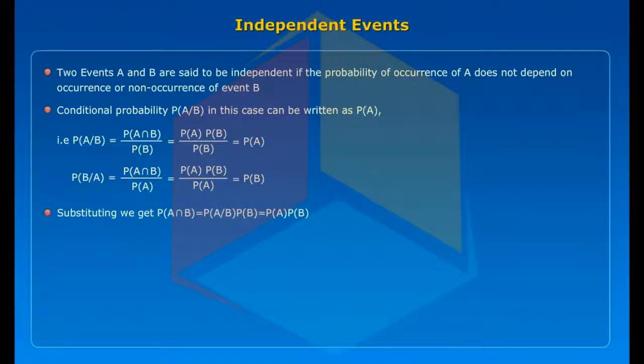Substituting, we get P(A ∩ B) = P(A|B) × P(B), which is P(A) × P(B). So the condition to be satisfied for two events to be independent is P(A ∩ B) = P(A) × P(B).